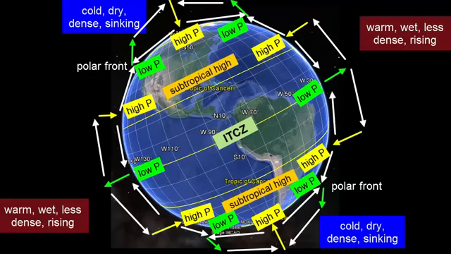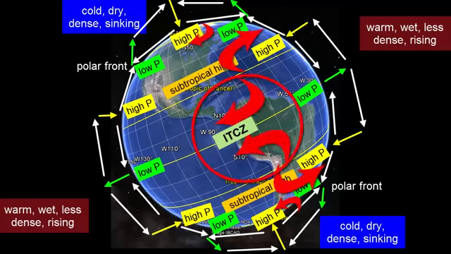Going back to our general picture of global atmospheric circulation, let's focus only on the surface winds. We have two sets of winds that are traveling towards the equator, one from the north, the other from the south, as they get sucked up into the ITCZ and pulled away from the subtropical highs.